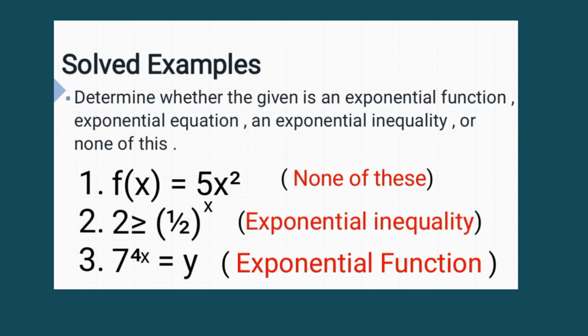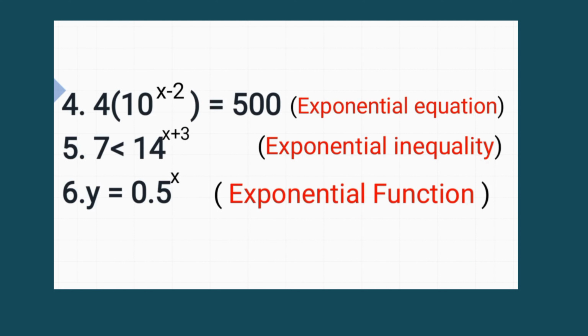So next, 7 raised to 4x equals y. This is an example of exponential function because there is a y, and 7 raised to 4x is an exponential expression. 4 times 10 raised to x minus 2 is equal to 500.